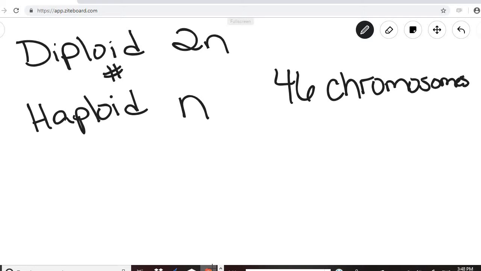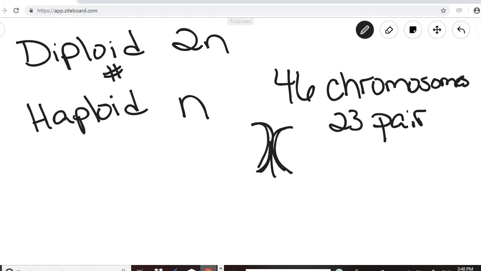And the haploid number is a cell that only has 1/2 of each chromosome pair. Okay, so when we say that humans have 46 chromosomes, they have 23 pairs of chromosomes. So chromosomes come in pairs. So the 46 chromosomes that humans have exist as 23 pairs.